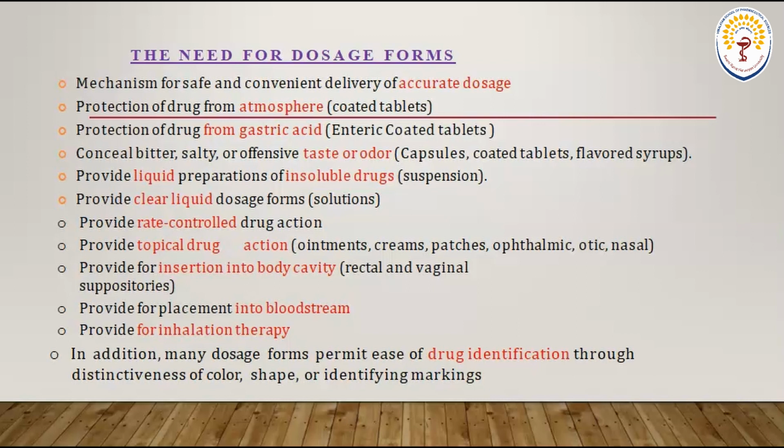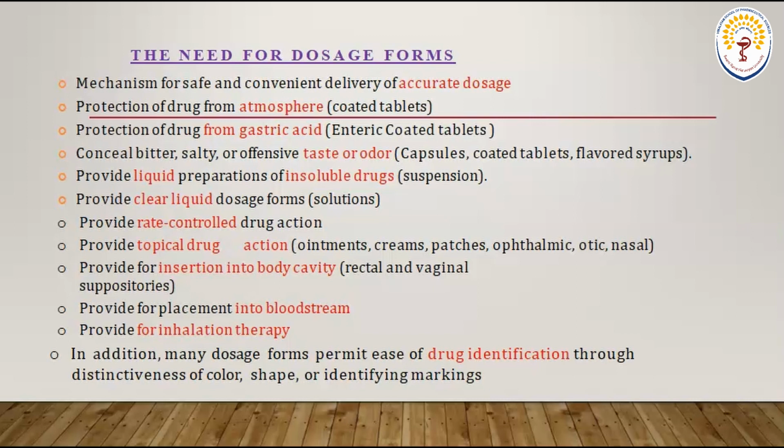So the best example is when a drug is insoluble in liquid dosage form or solvent, we can add another agent called suspending agent and prepare an acceptable dosage form which is suspension. Next is provide clear liquid dosage form. Some drugs are easily soluble in solvent such as water and hydroalcoholic solution, so we can give these dosage forms directly in a liquid solution form.